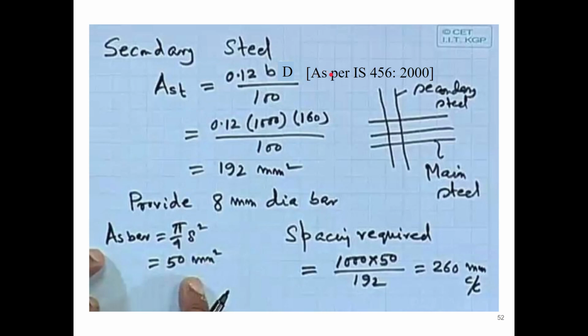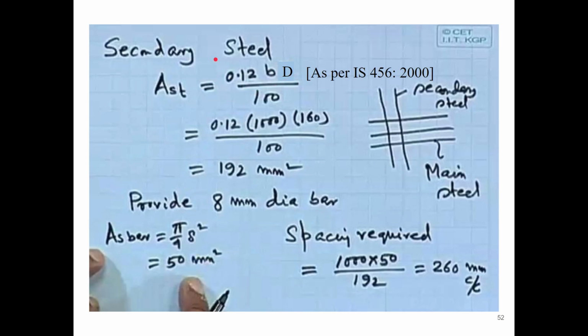Whereas in case of slabs, the minimum requirement is either 0.15 B into capital D if mild steel is used, and if HYSD bars are used, we can go for 0.12 B into capital D. As we are using Fe415, which is HYSD, high yield strength deformed bars, we can go for 0.12 BD.